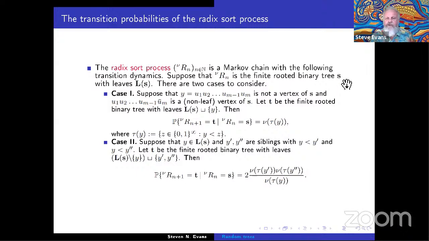If you've got a rooted binary tree with leaf set S, then there's two cases to consider.